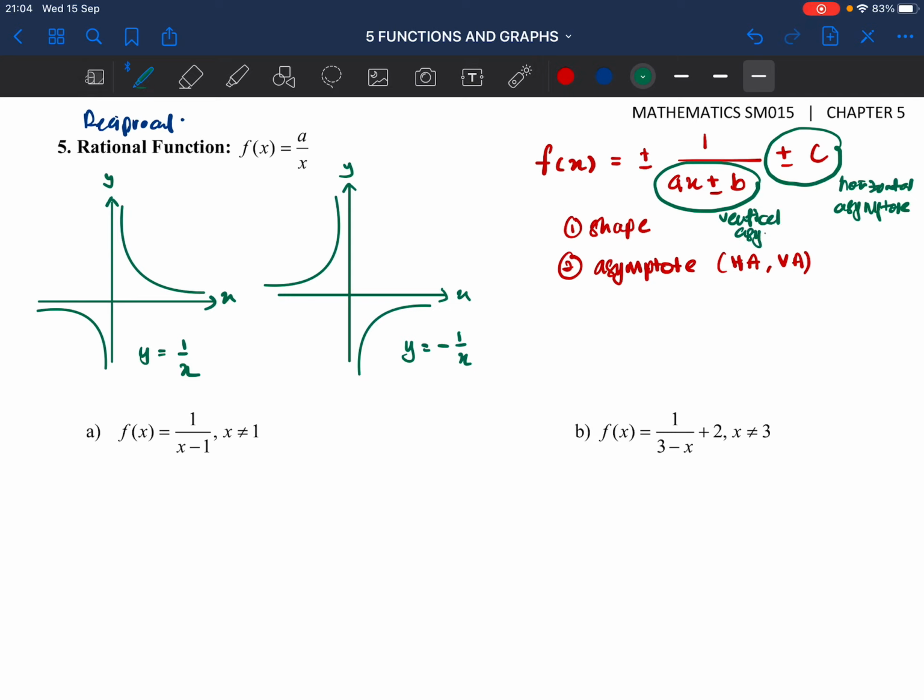So kalau kamu perasan, vertical asymptote represents x, horizontal asymptote represents y. Okay, so maksudnya vertical asymptote ialah x equals to something, horizontal asymptote y equals to something kat sini.